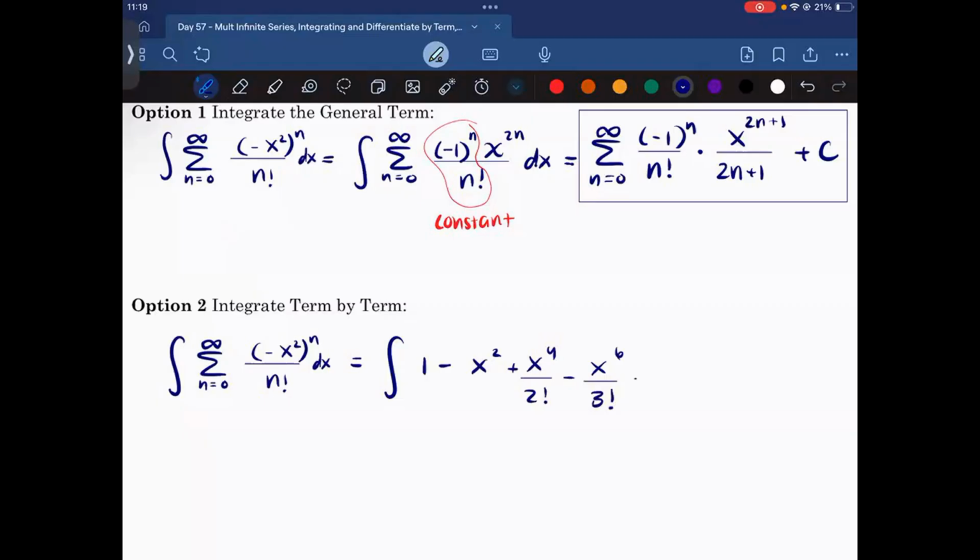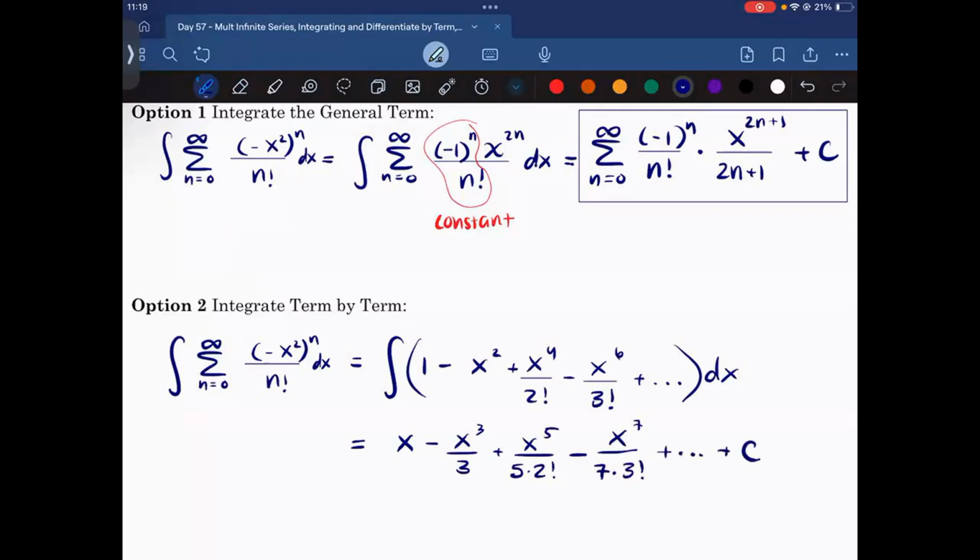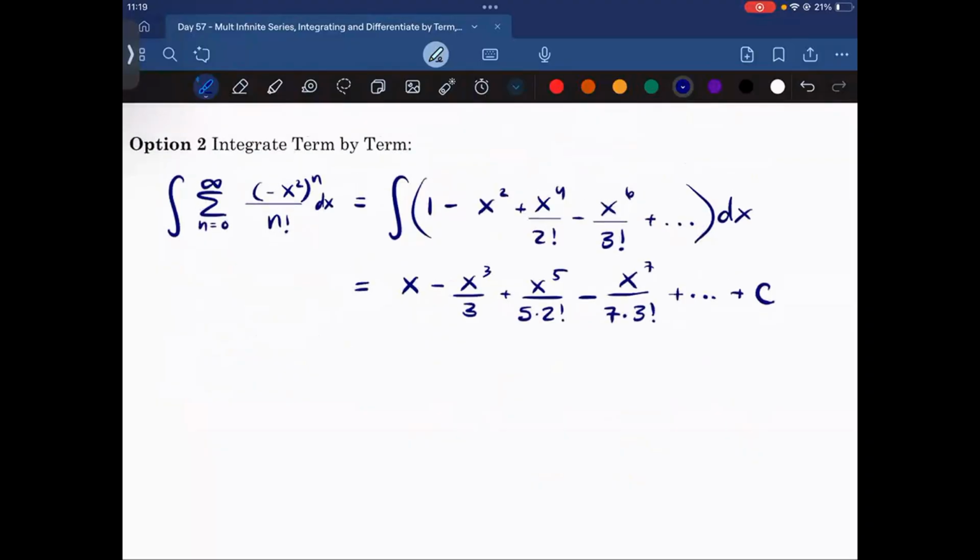And you can keep going. But I'm just going to integrate it. x. Keep going from there.